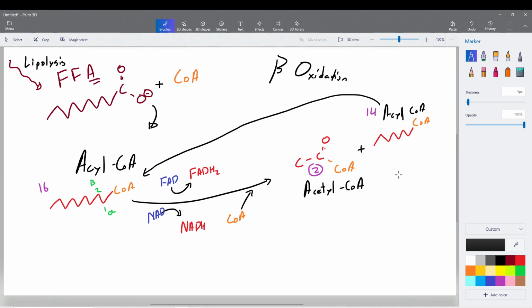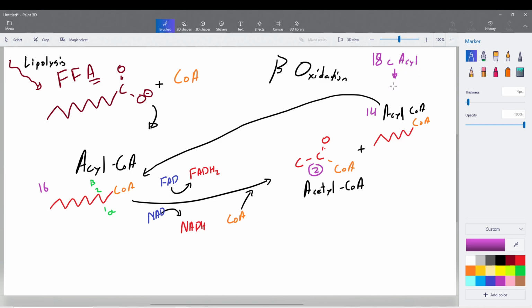So at the very end of this, eventually I'm going to have no acyl-CoA left, and I'm going to make acetyl-CoA, depending on how long that molecule of acyl-CoA is. Let's say I have an 18-carbon acyl-CoA, well, what do I get out of that?